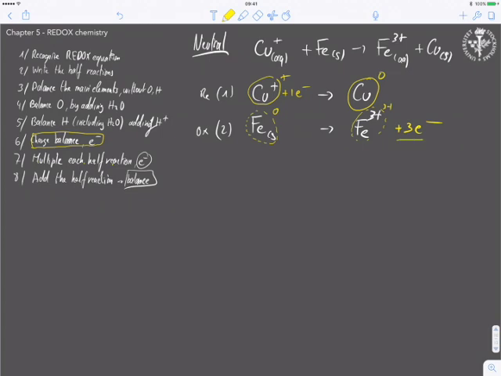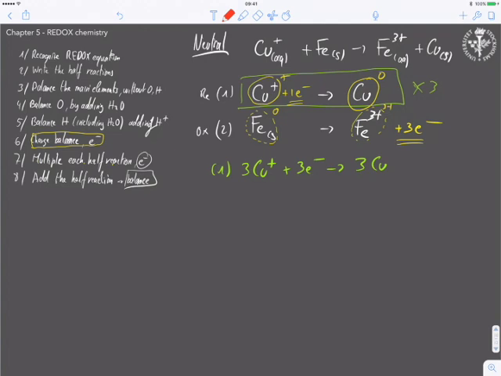We have 3 electrons here, we have 1 electron here. I need to multiply this equation here times 3 to have the same amount of electrons. So I'm going to rewrite equation 1 here: 3 Cu+ plus 3 electrons will give you 3 copper solid.